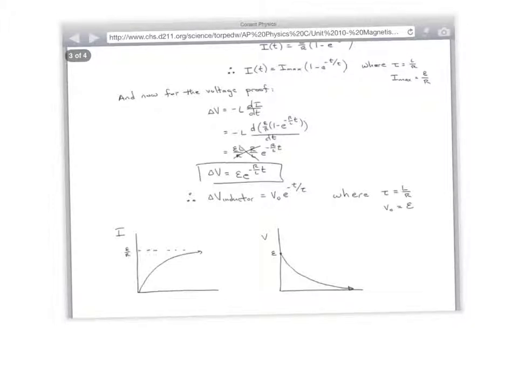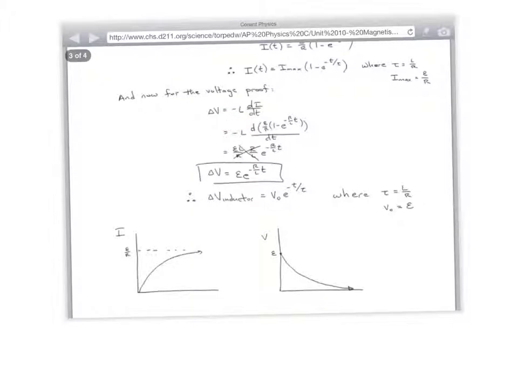So now for voltage, it's supposed to be decay, right? Once the inductor goes after a while, it's going to behave just like a wire. Oh, I forgot to mention that. After a while, the inductor behaves like a wire, and initially, the inductor behaves like an open circuit. So the voltage difference across the inductor, delta V, equals negative L di over dt.